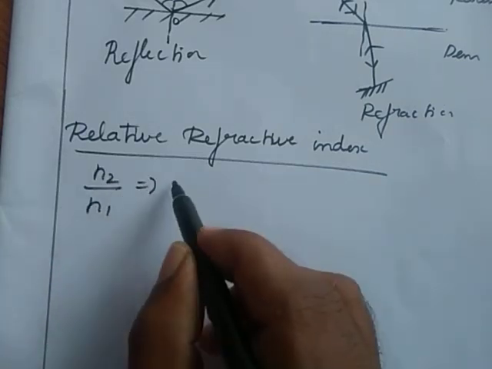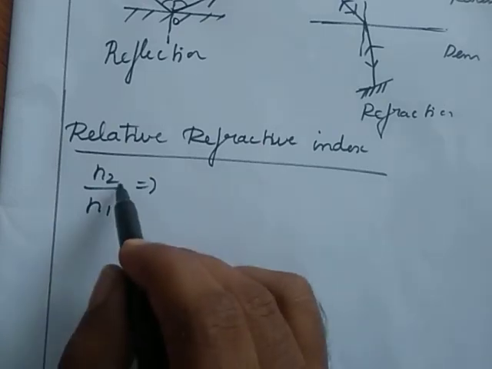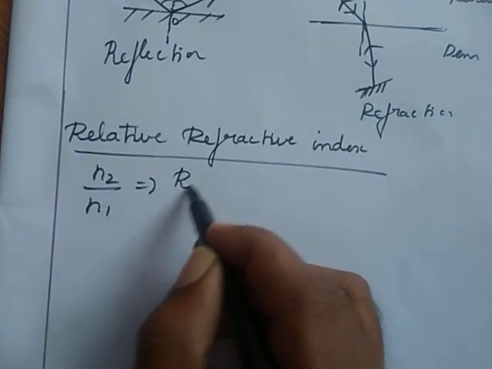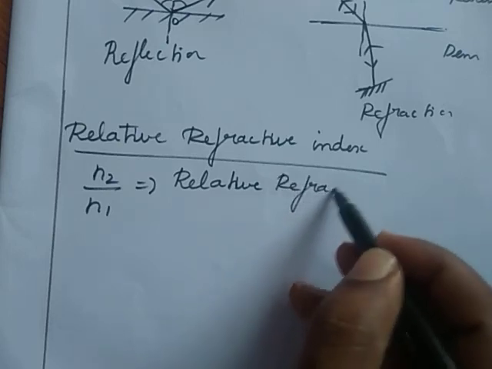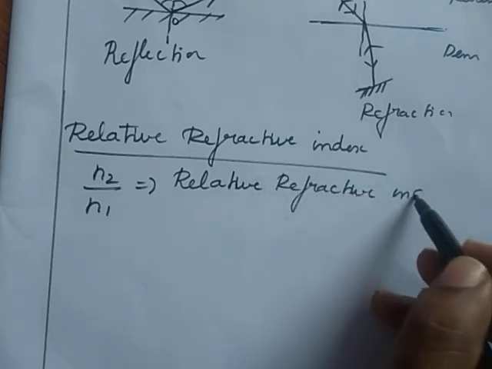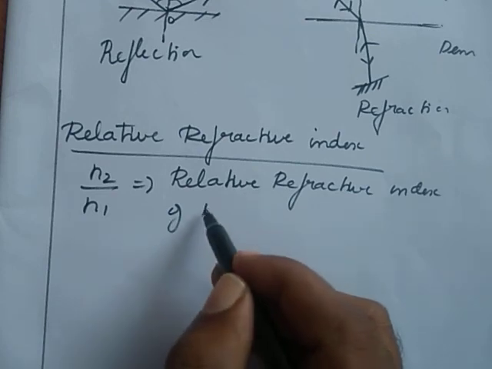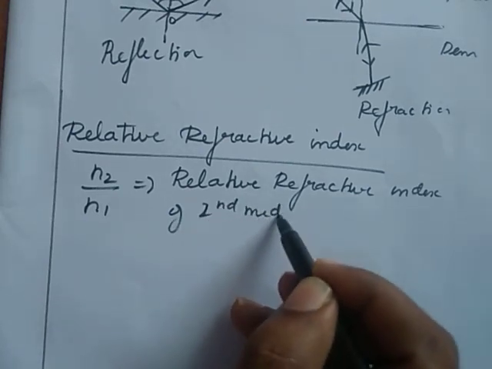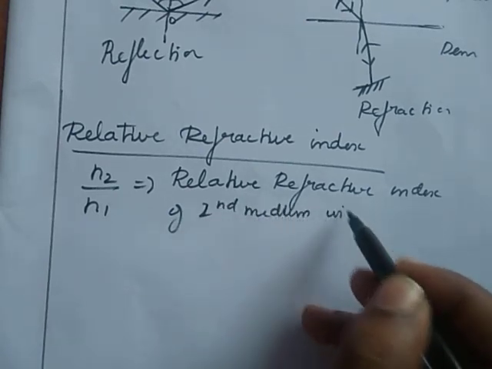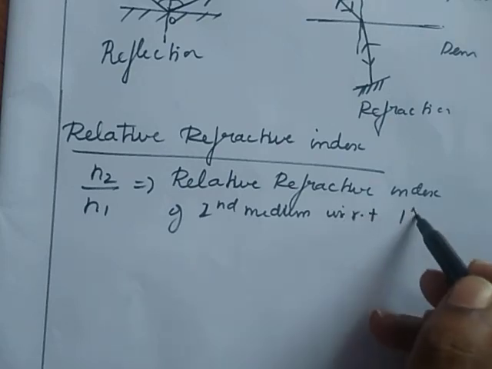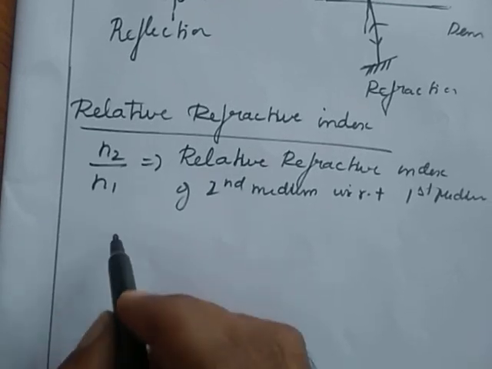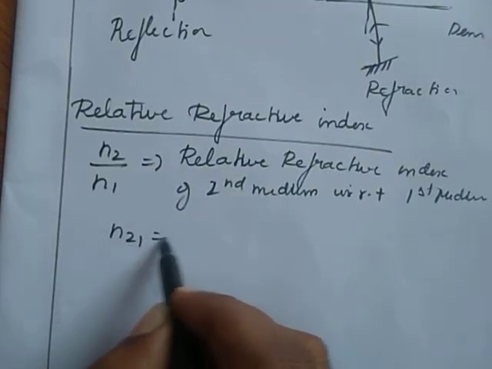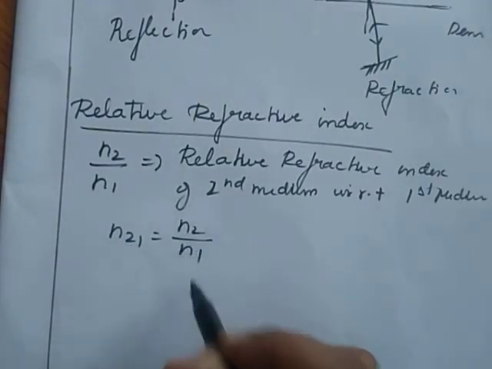It is the relative refractive index of the second medium with respect to the first medium. We can write this one as n21 is equal to n2 by n1.